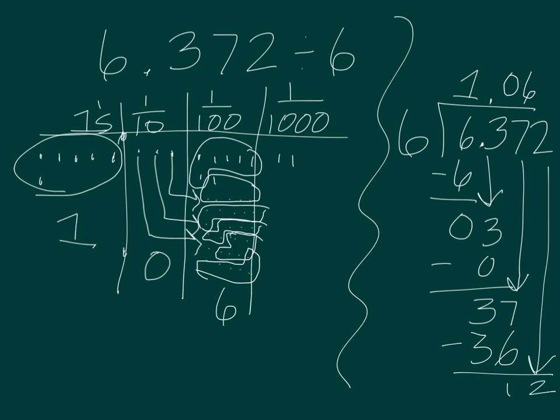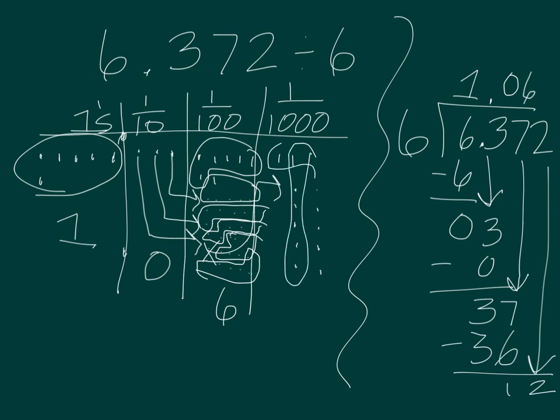So I'm going to take this one, I'm going to unbundle it into 10 thousandths. 1, 2, 3, 4, 5, 6, 7, 8, 9, 10. How many groups of 6 can I make out of how many thousandths do I have? I had 10 and then 2, so 12. There's 12 there. Let's see, I can make one group of 6.